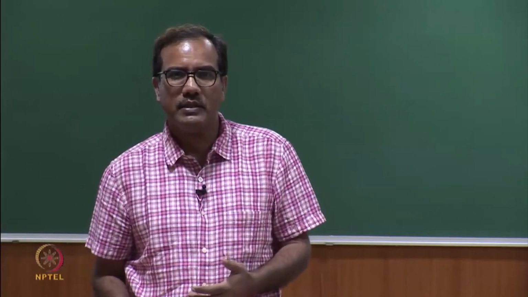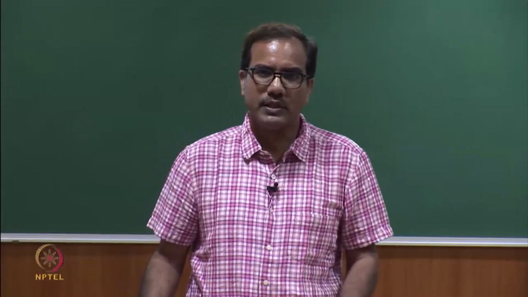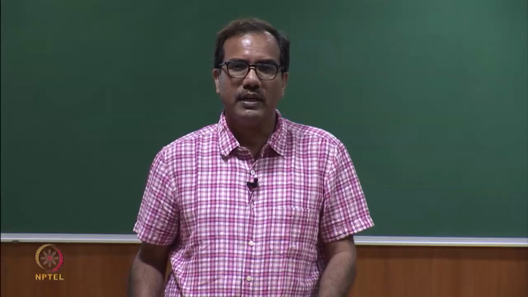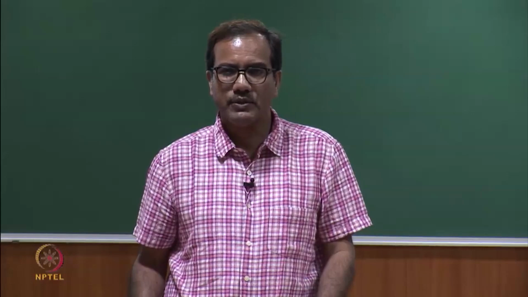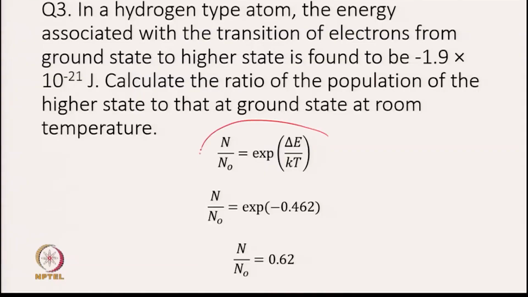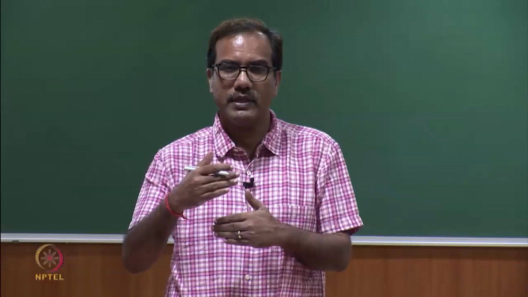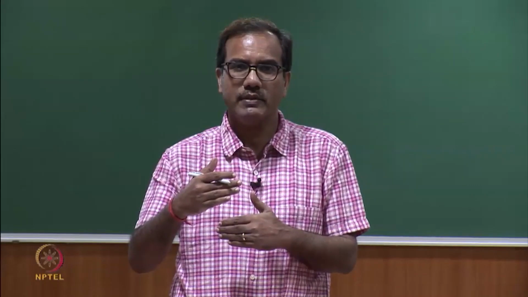Now, second question, delta E is given, and then you need to calculate the ratio of population between the higher state and the ground state at room temperature, and that can be calculated using the Boltzmann distribution law, which is given by this equation, n by n naught is equal to exponential minus delta E by kT, where delta E is the difference between two energy levels.